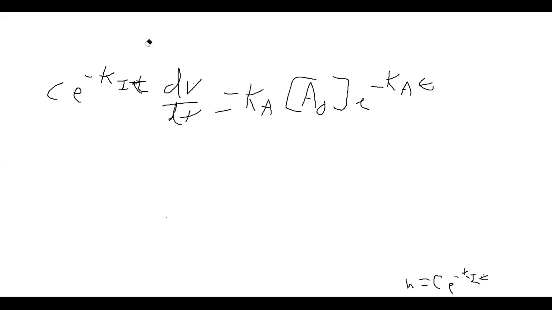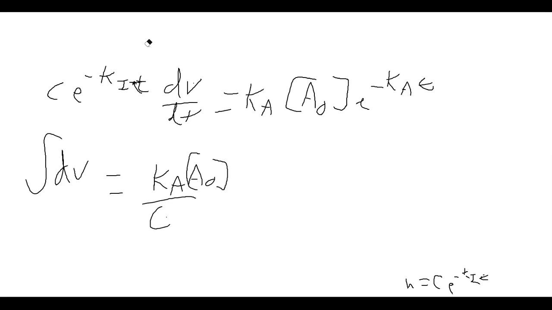So we have the integral of dv, the integral of ka a 0, mind you, over a constant c, e to the negative ka t, e to the negative ki t.